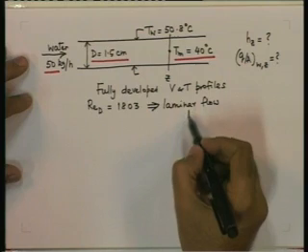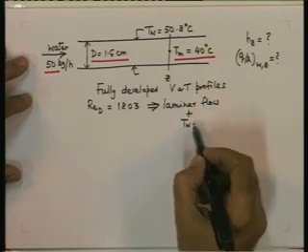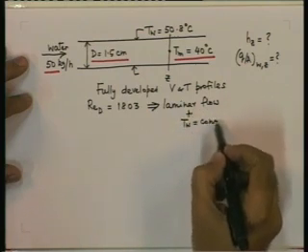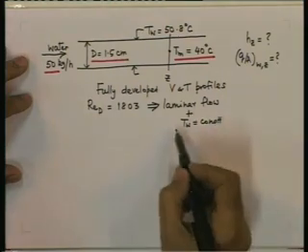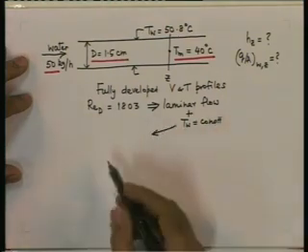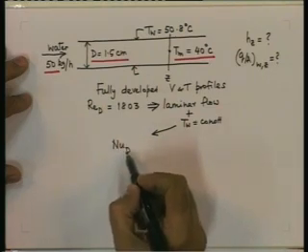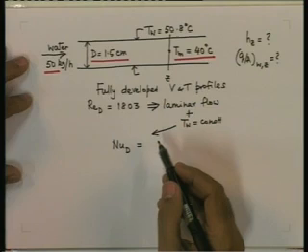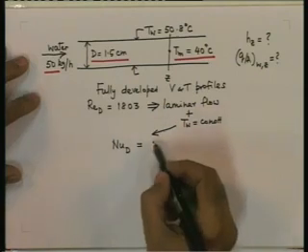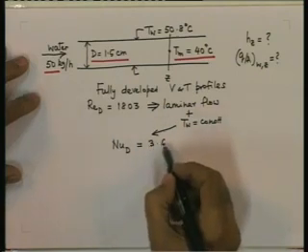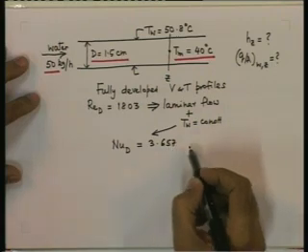And laminar flow plus T wall being some constant value gives us the situation where the local Nusselt number based on the diameter is 3.657.